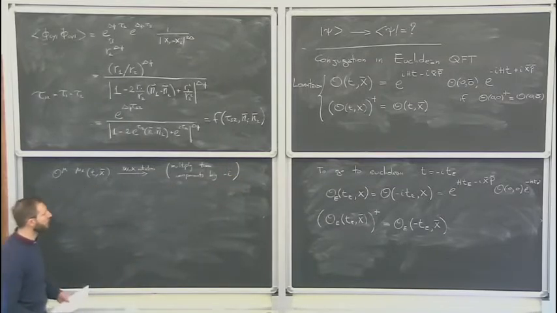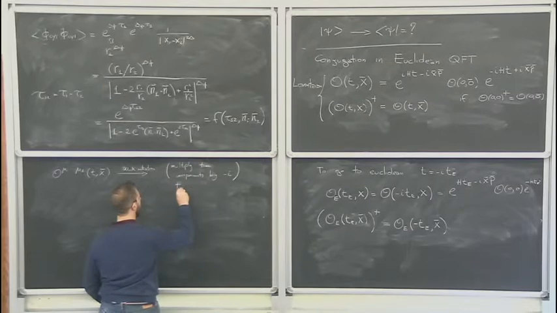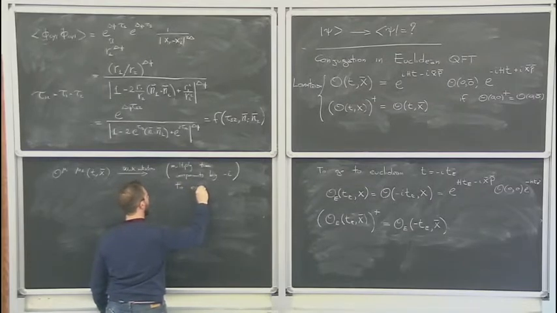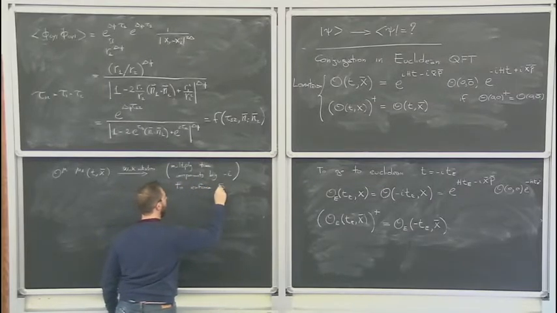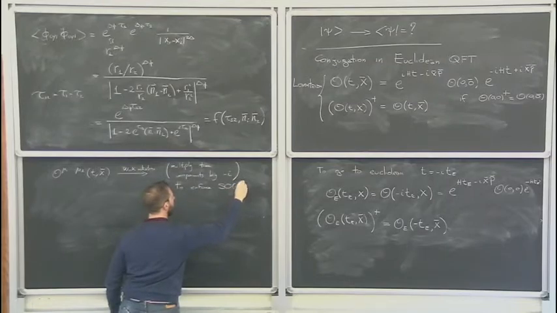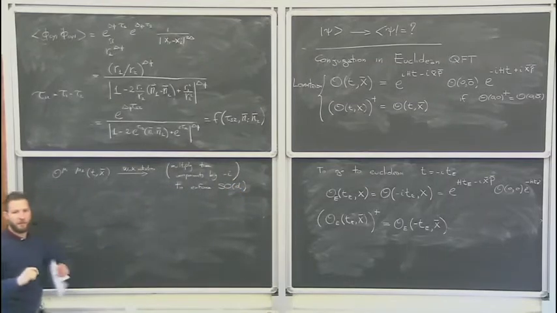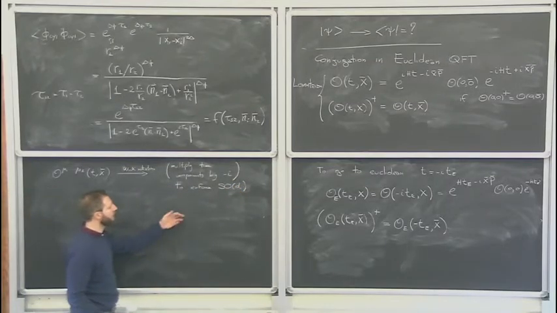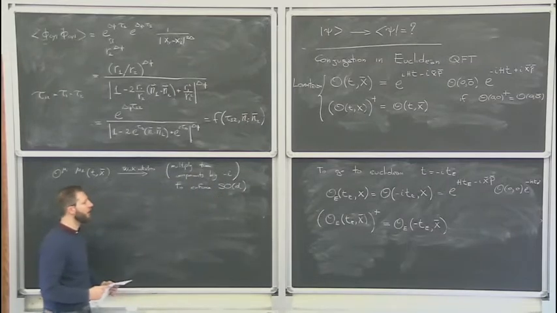This is in order to enforce SO(d) symmetry. Otherwise, you would have SO(d-1,1) symmetry.